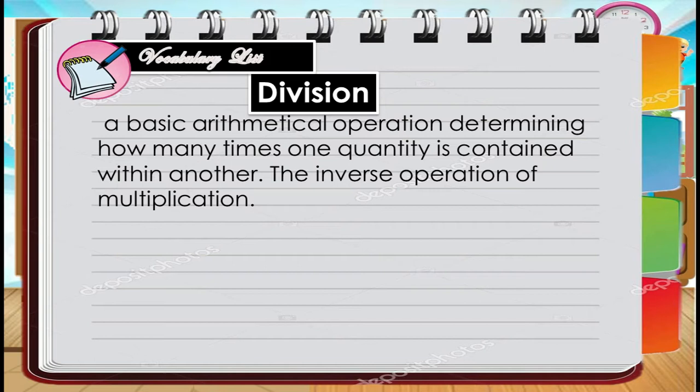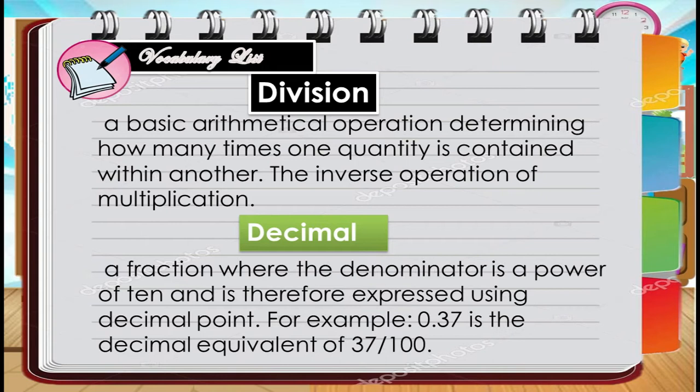The inverse operation of multiplication. Decimal: a fraction where the denominator is a power of 10 and is therefore expressed using a decimal point. For example, 37 hundredths is the decimal equivalent of 37 over 100.